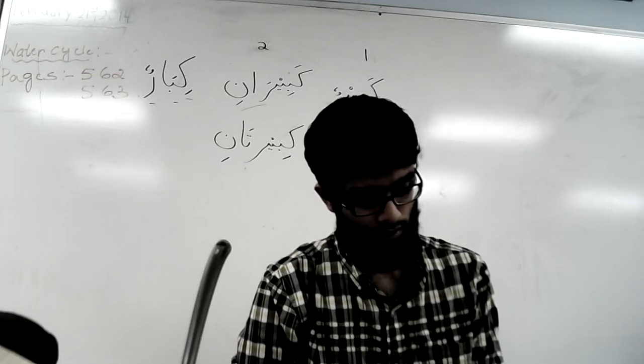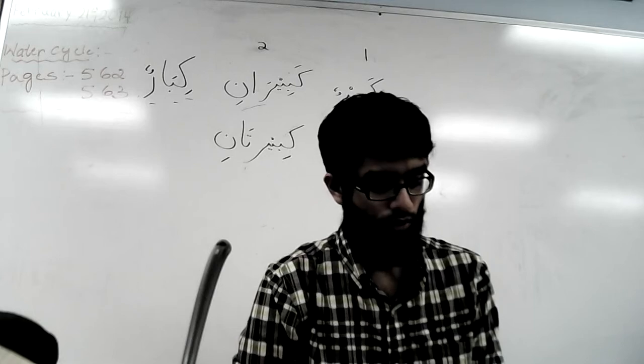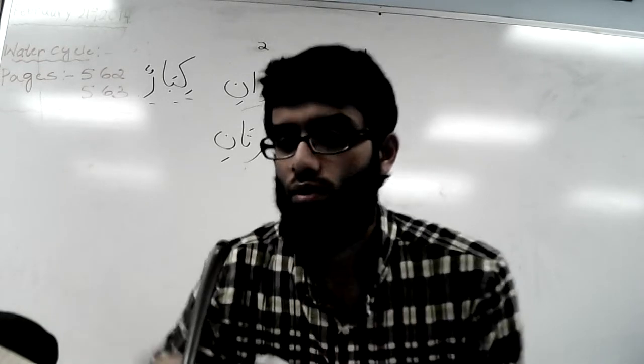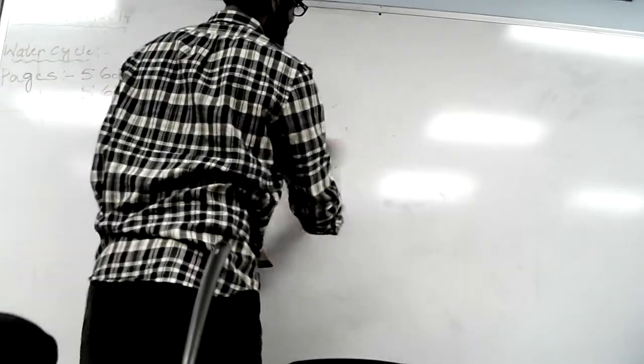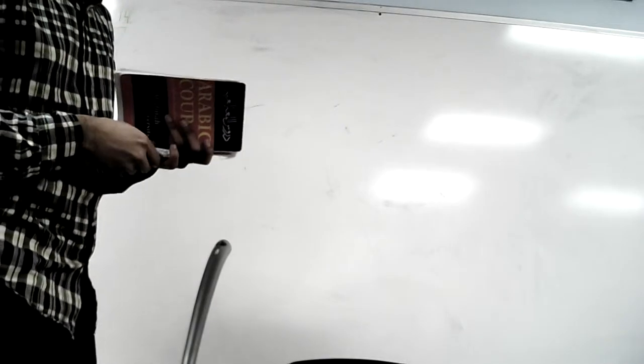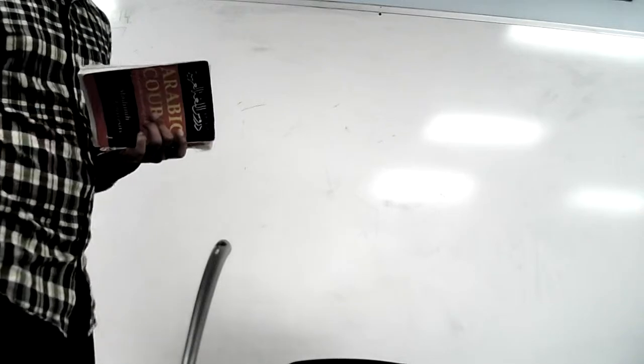لي عينان وأذنان يدان ورجلان. Okay, what does that mean? I have two eyes, 2 ears, 2 hands and 2 legs.